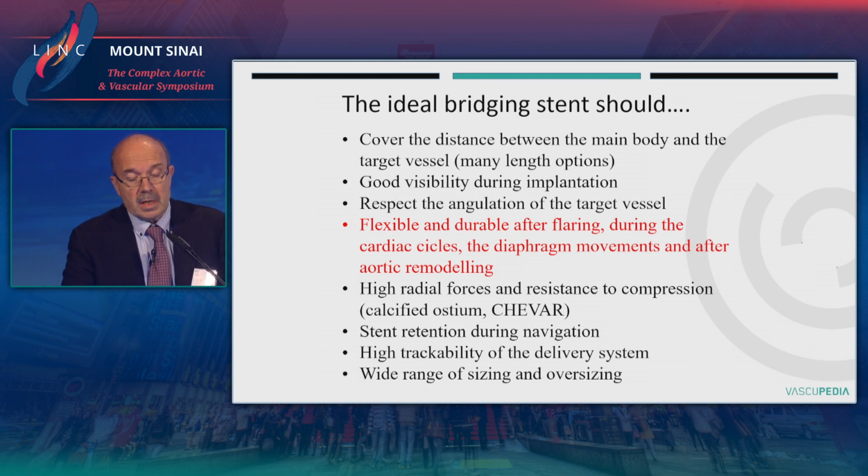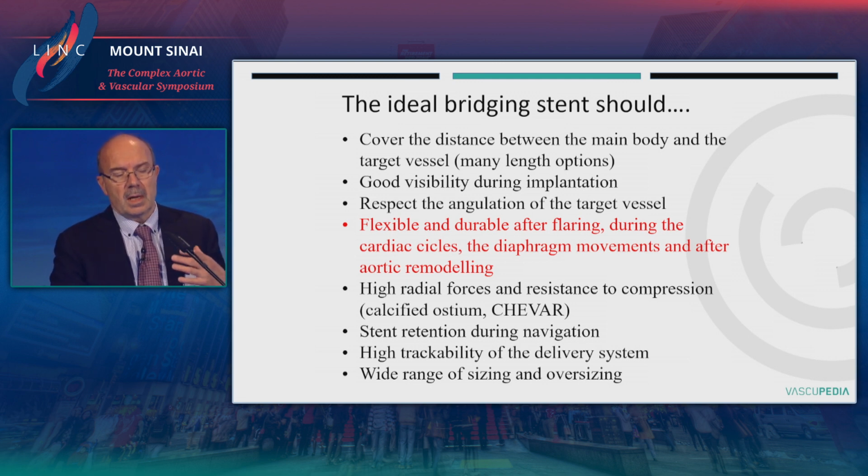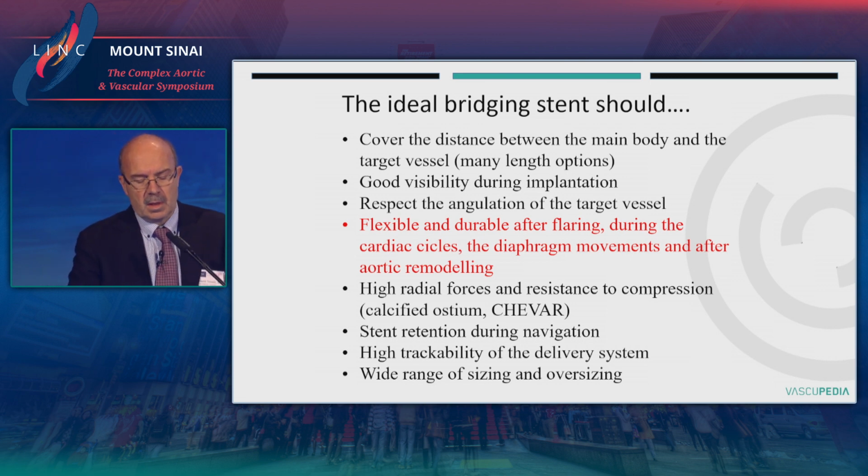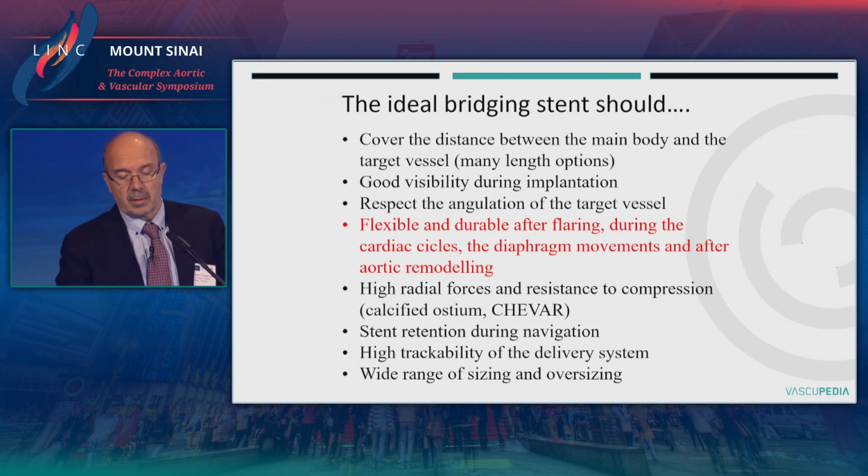These stents should also have a high radial force and should navigate well through the vessels and the stent graft, and should be very trackable, with a wide range of sizing and also oversizing.